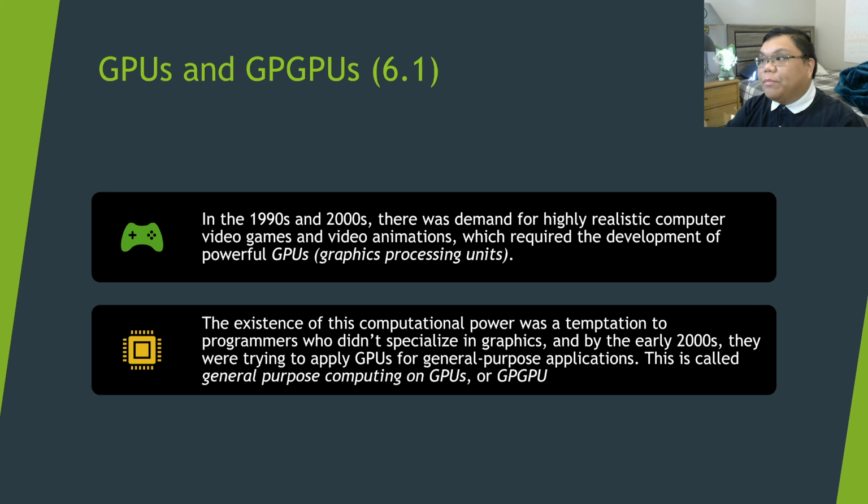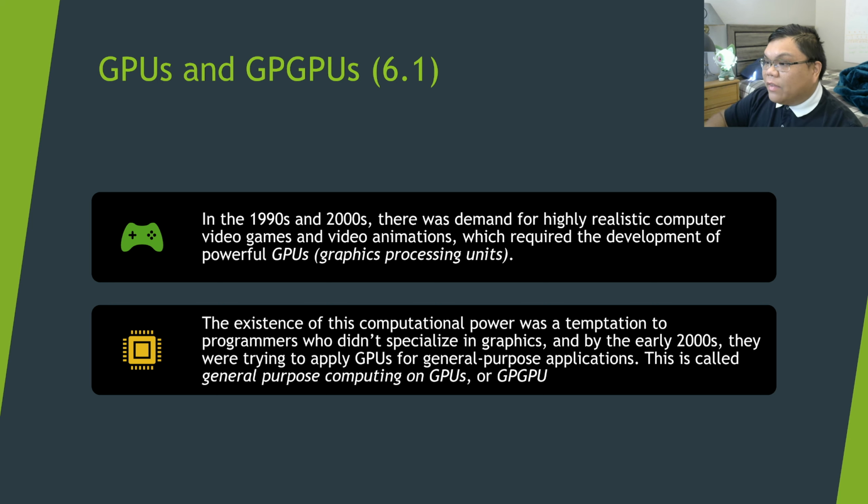There was also a group of people who saw these GPUs becoming more and more powerful, and they thought to themselves, hey, can I program on that? There was this temptation from people who didn't specialize in graphics. They wanted to program on these new chips that were becoming more and more powerful.